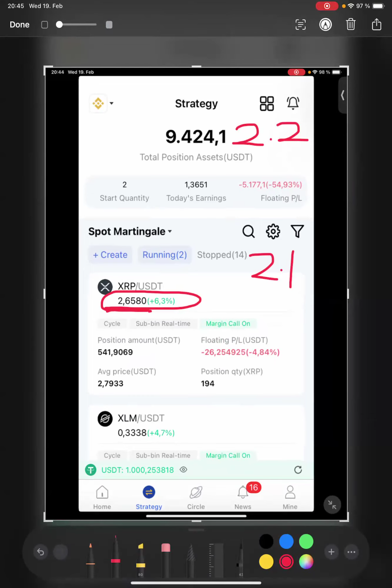Good. Now, XRP has increased by 6.3%, meaning it's going up. In the morning, this was like negative 8%. Now it's on plus 6%. This coin has risen by 6.3%.